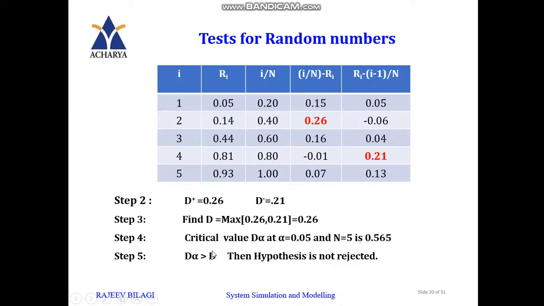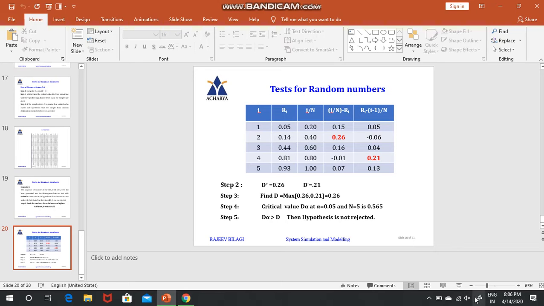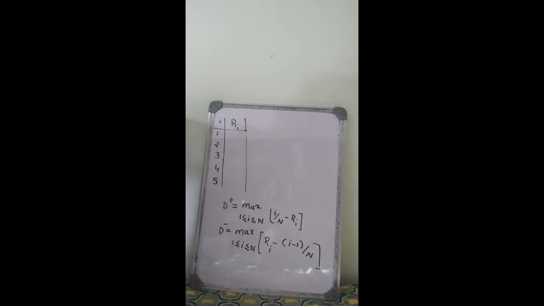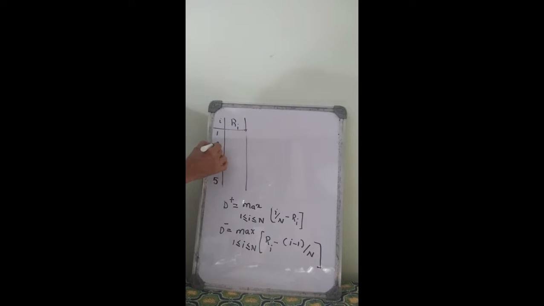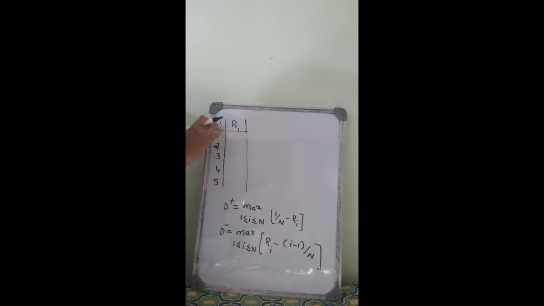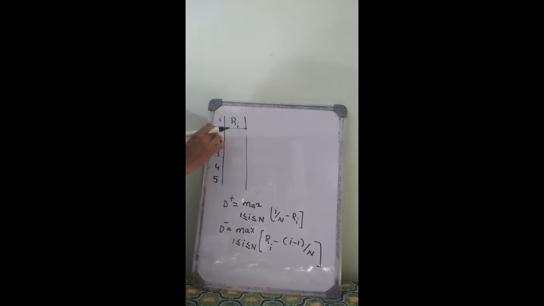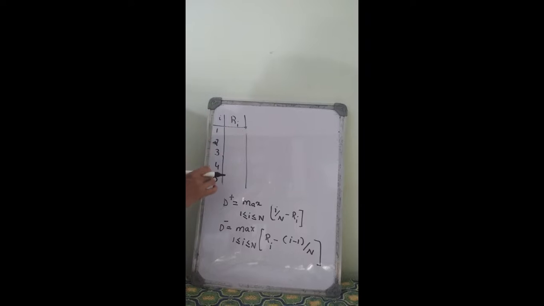Okay. In continuation of this, I have added in detail, step by step, how you are going to solve the problem. We apply the KS test on this. So my first step is to rank all these numbers from lowest to highest. Now I will write i, because that is first number, second number, third number, fourth number, fifth number.